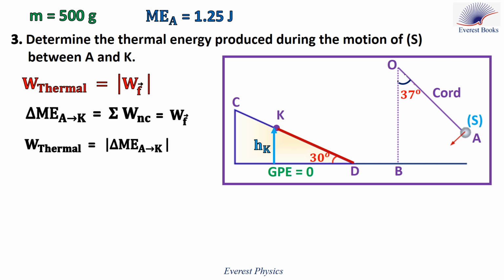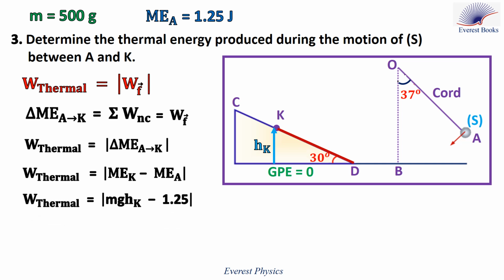Delta ME between A and K equals MEK minus MEA. MEK equals the kinetic energy plus the gravitational potential energy. But the kinetic energy at K equals 0. So MEK equals m g hk. MEA equals 1.25 joules, proved before.